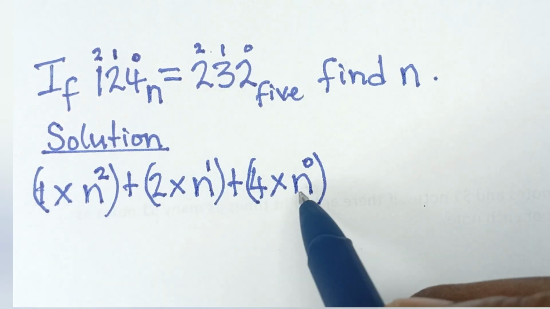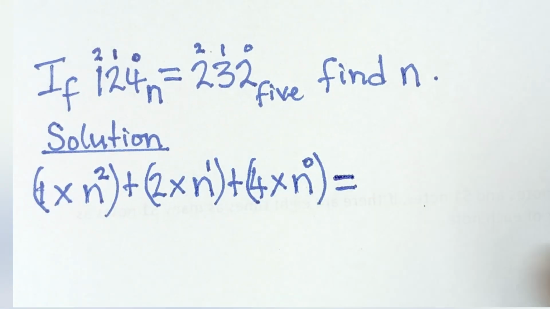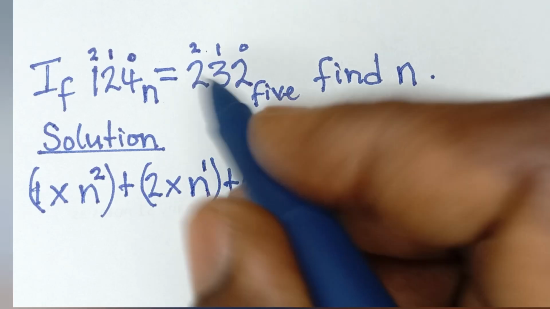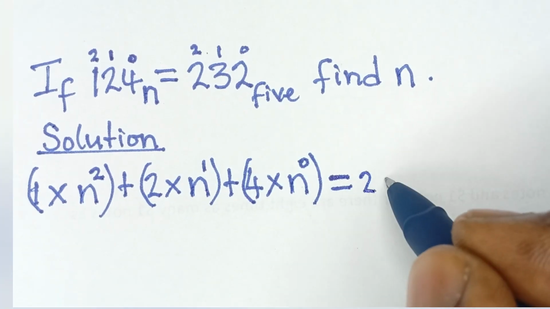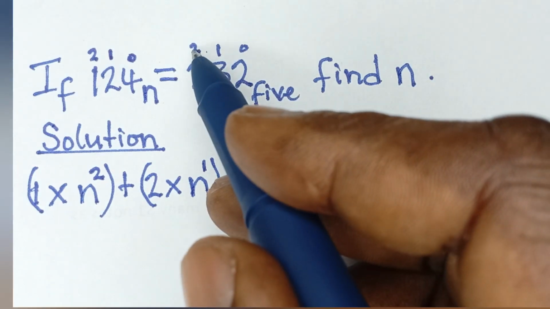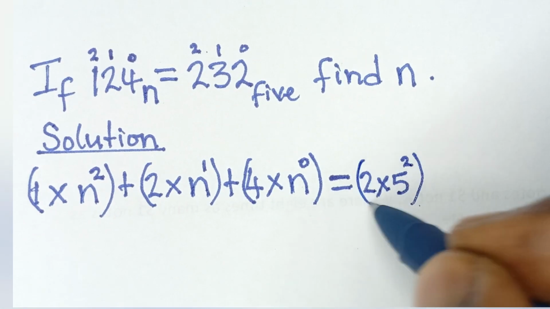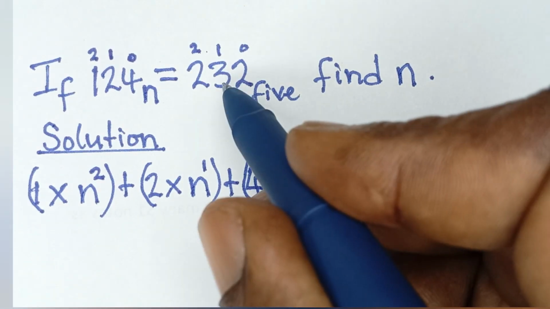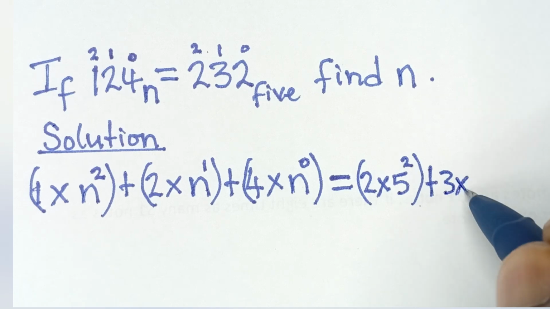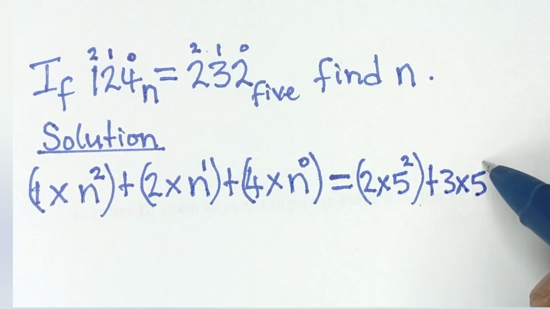After doing this left hand side, we also convert the right hand side to base 10 as well, because the two sides have to be equal. Now to do that, I take the first number here, which is 2, and multiply by the base, which is 5, raised to the power of 2. That's the first number. And then plus the second number, 3, multiplied by the base, which is 5, raised to the power 1.